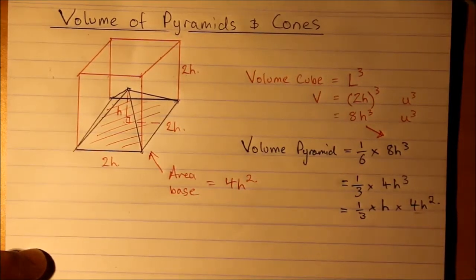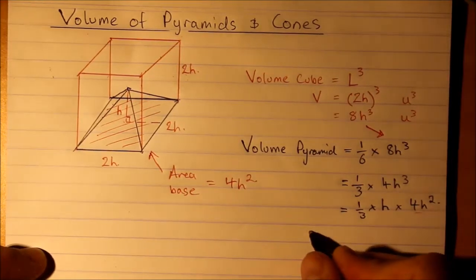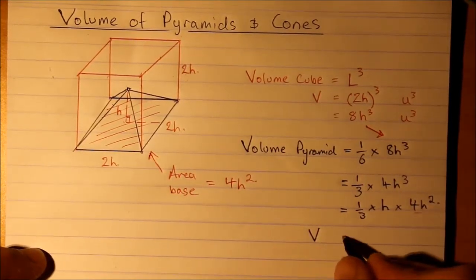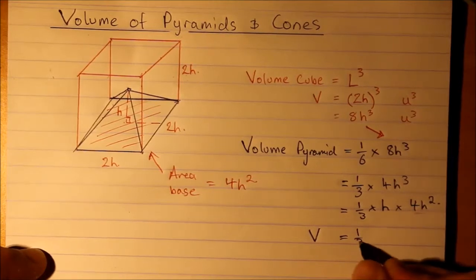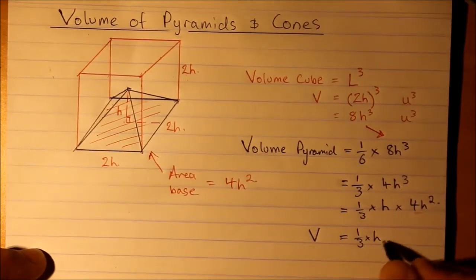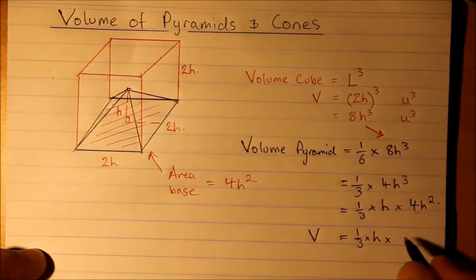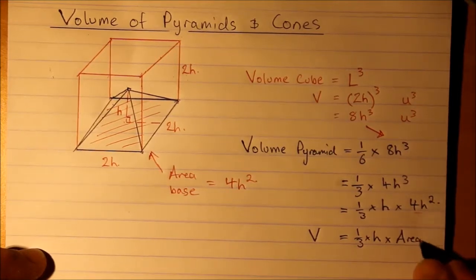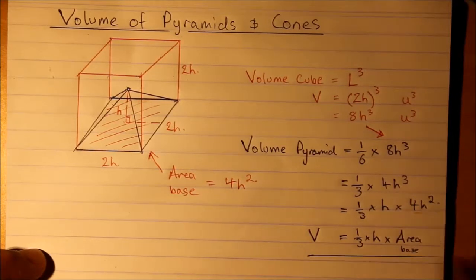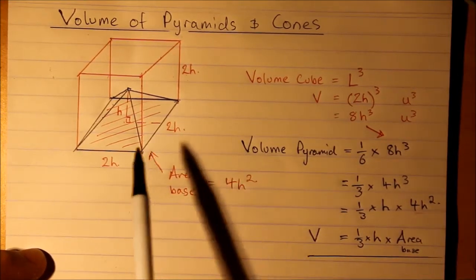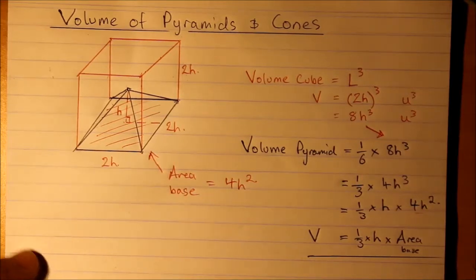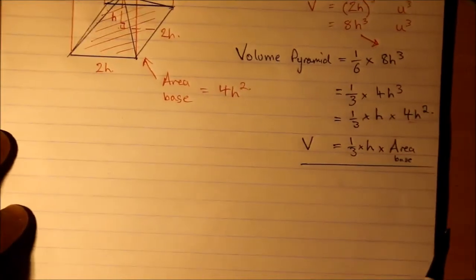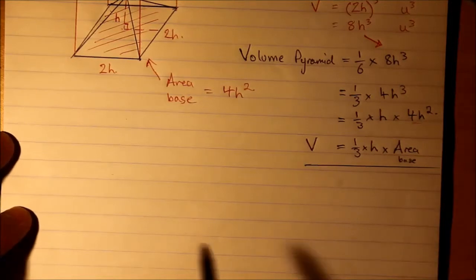So we can write our formula for a pyramid like so. Volume is equal to 1/3 times the perpendicular height times the area of the base. And there you have it. That's the formula for not only a pyramid, but this works also for cones or triangular pyramids.